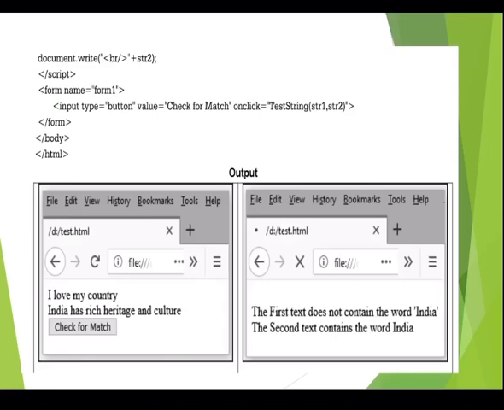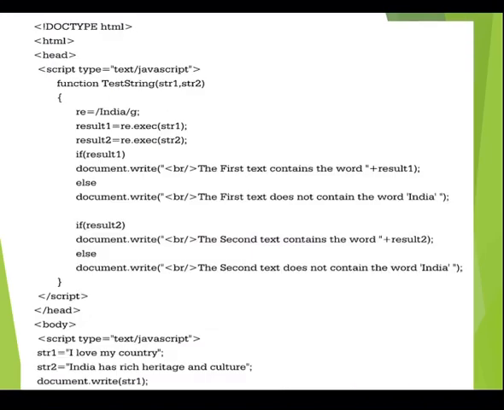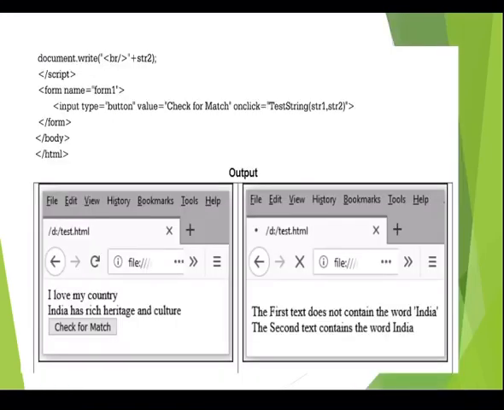First string is str1, that is I love my country, and in str2 I have a string as India has rich heritage and culture. So over here we are going to check if the word India is present in both the string or in which string it is present. So India.